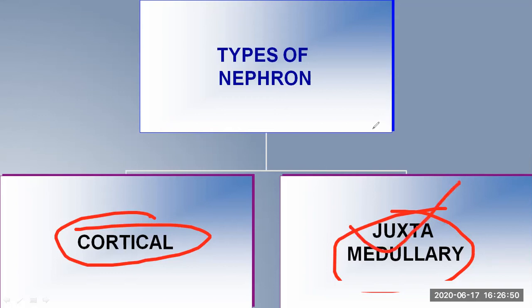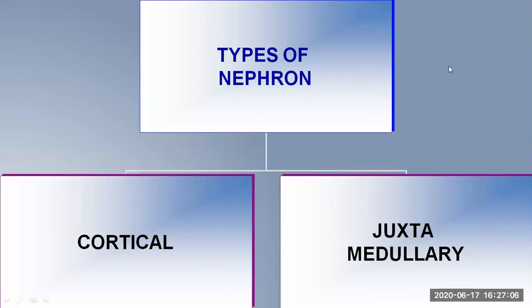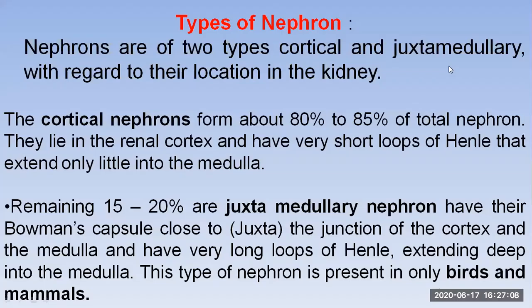That's why it is called the juxtamedullary nephron. Cortical nephron is the most common, 80 to 85%, and 15 to 25% are juxtamedullary nephrons. So now we will see the detail about the cortical nephron first.